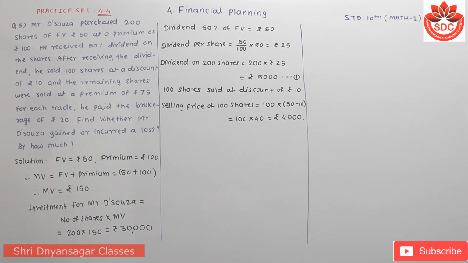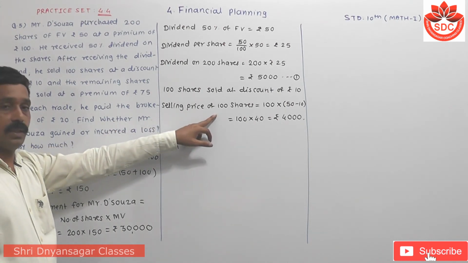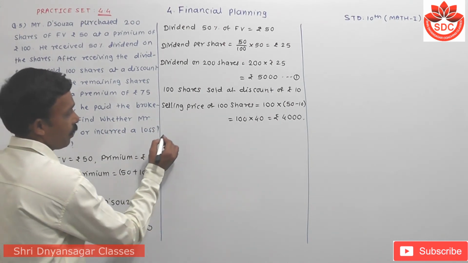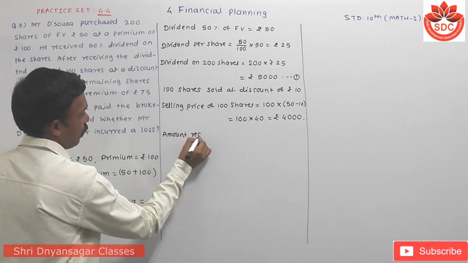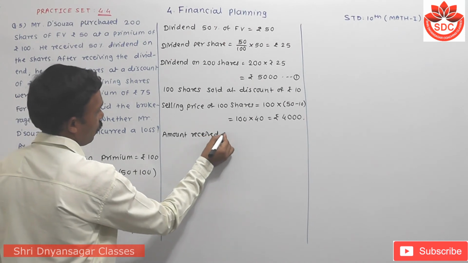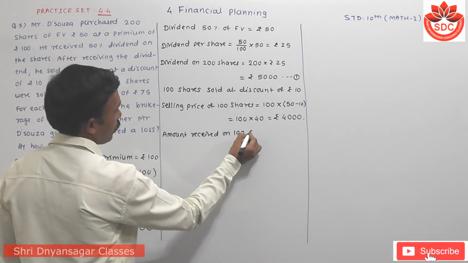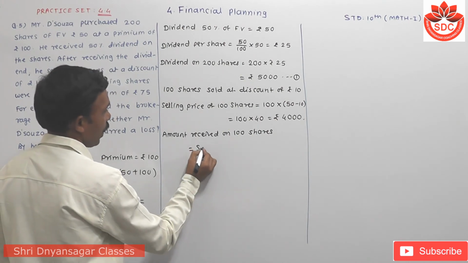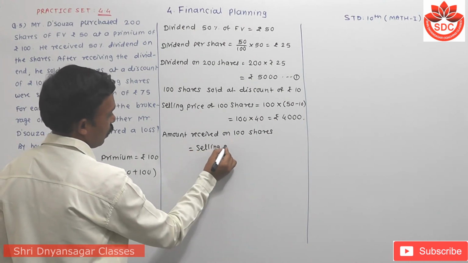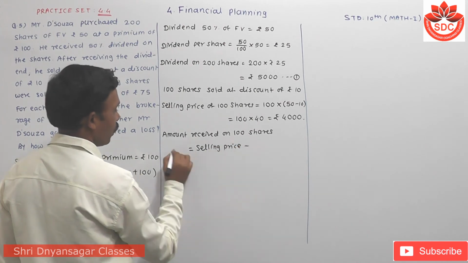Therefore, the amount received on 100 shares is equal to the selling price minus brokerage, because this is a sale.